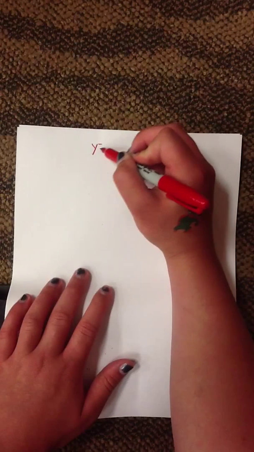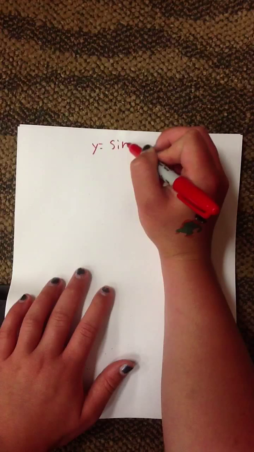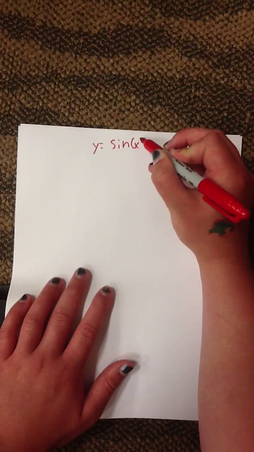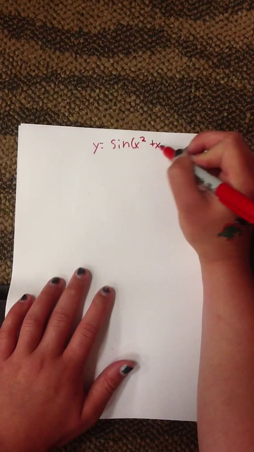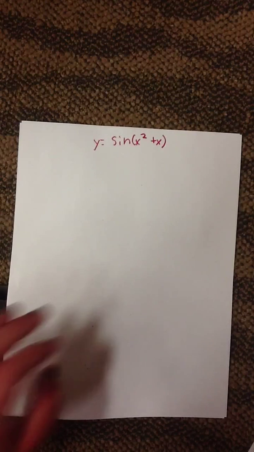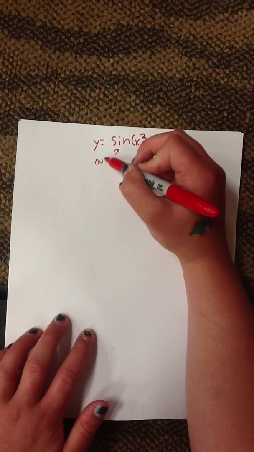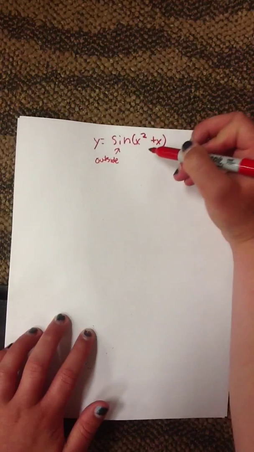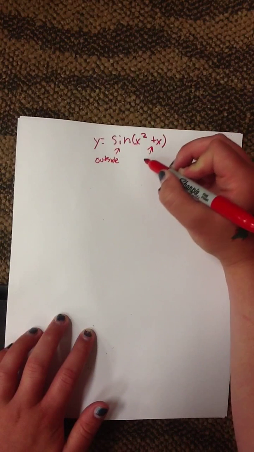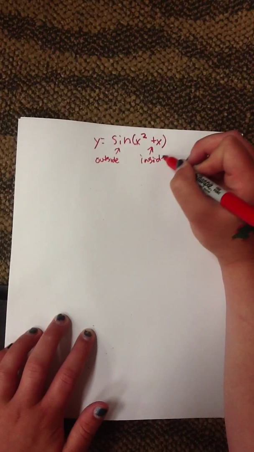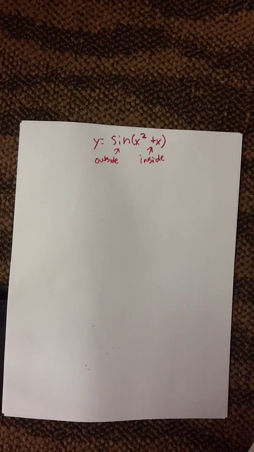This example is going to be y equals sine of x squared plus x. So, the outside function is sine of x, and we can see that the inside function is x squared plus x.